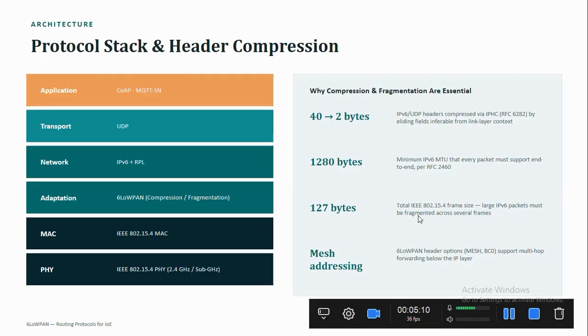Then 127 bytes is the total IEEE 802.15.4 frame size, so large IPv6 packets must be fragmented across several frames.